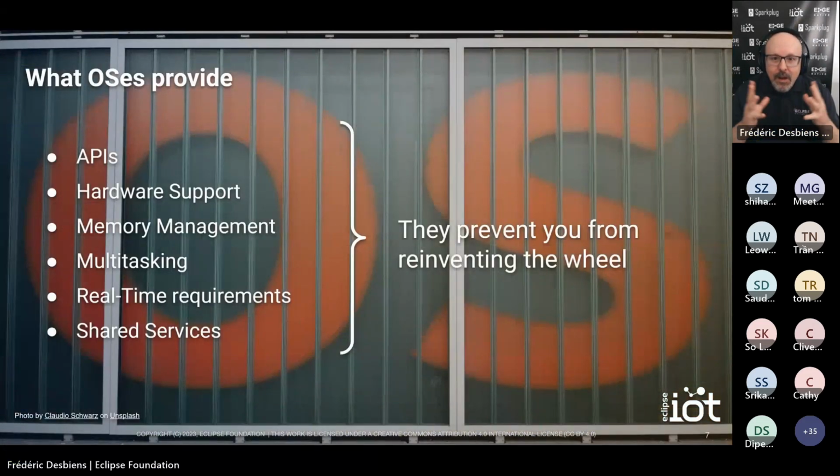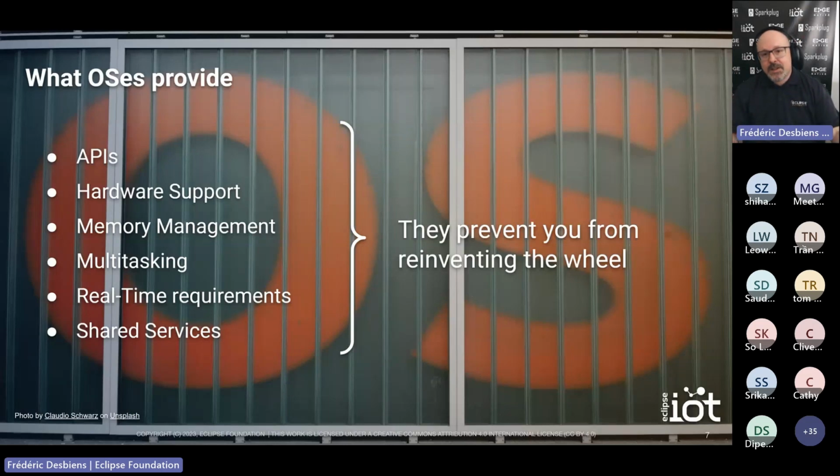Now, operating systems in general have things that they deliver to us as developers, and really they provide tremendous value. Otherwise, no one would be using them at this point in the history of computing, right? And really, it's fascinating to see how much functional scope there is in an operating system.